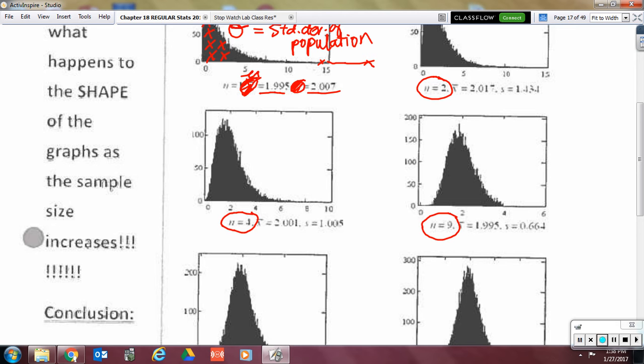So that is not one single person in there. This is an X bar because that is an average of 9 items, people's times averaged together and put right there. So this is another average of 9 times and put right there, an average of 9 times and put right there, and so on.